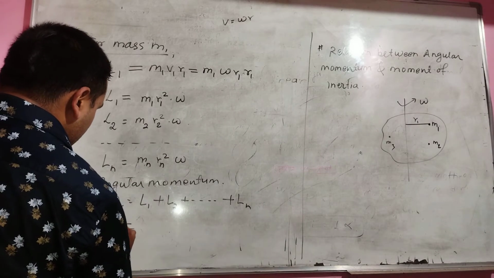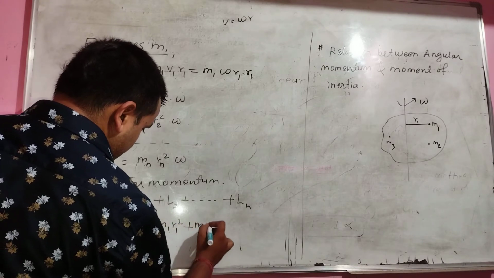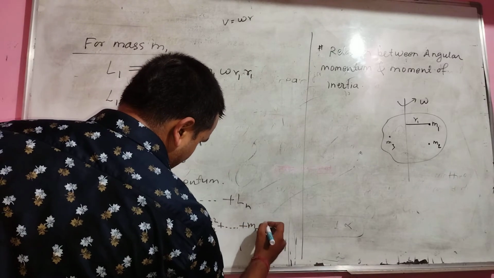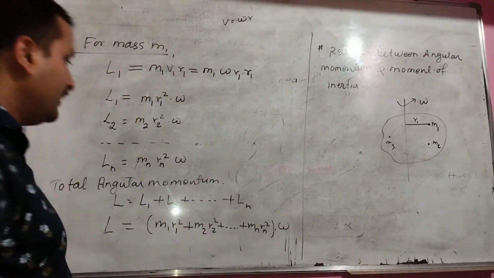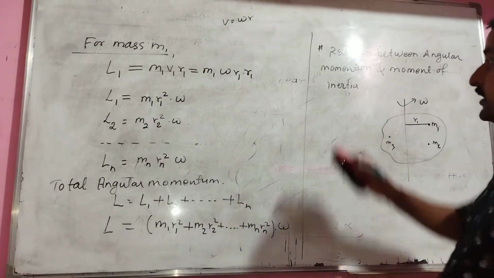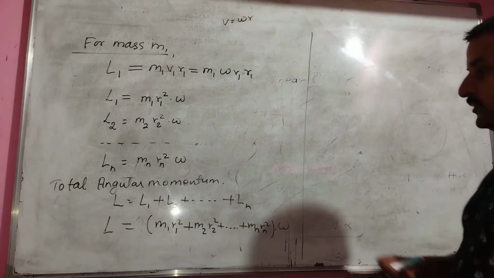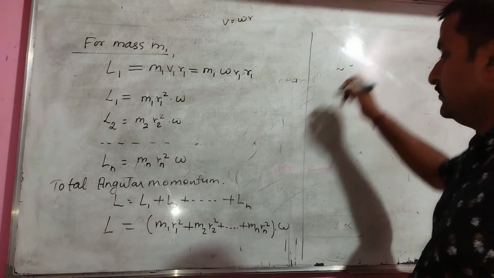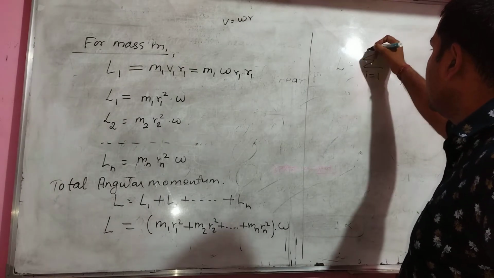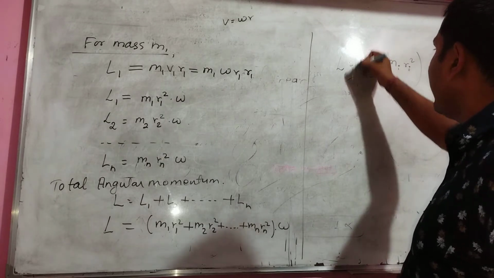So L is equal to m1 r1 square plus m2 r2 square plus dot dot plus mn rn square, times omega. We can write it in summation form: sum of mi ri square for i ranging from 1 to n, times omega.